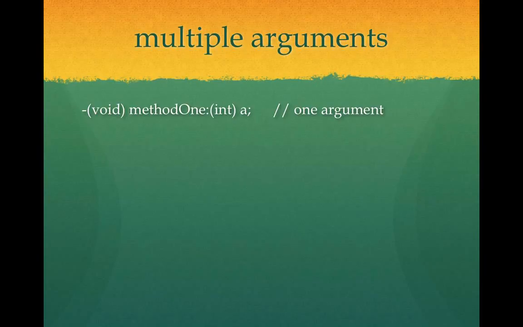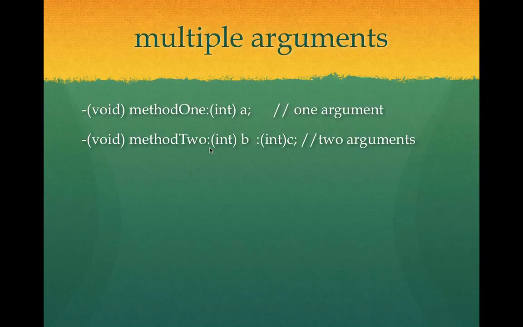Okay, this was the one argument example, and if you want two arguments, this is the way we do it. So you use a colon, your data type, and your variable name. This is for the first argument, and this is for the second argument. A colon, the data type between two brackets, and the variable name. Now how do we call this method?